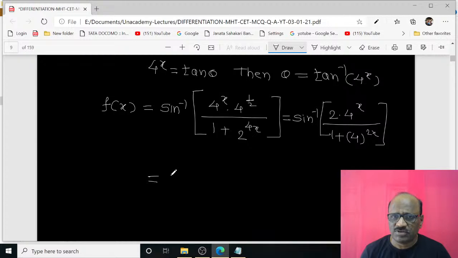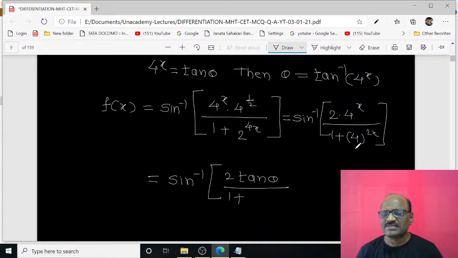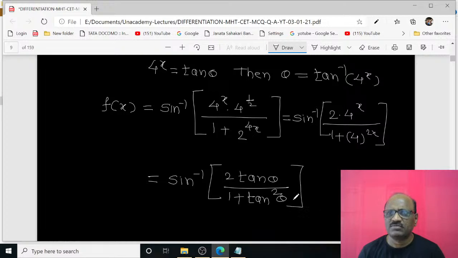Overall this will become directly sine inverse, and in bracket you will get 2 times tan theta upon 1 plus (4 raised to x) bracket square, that is 1 plus tan square theta. Therefore sine inverse of 2 tan theta upon 1 plus tan square theta.